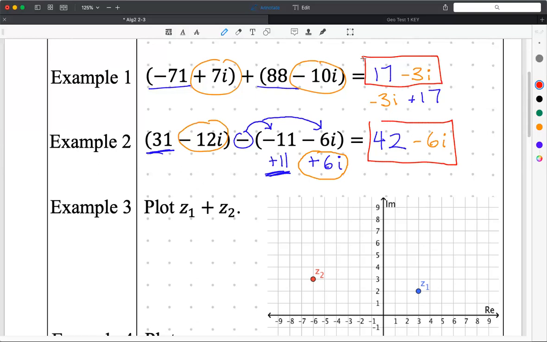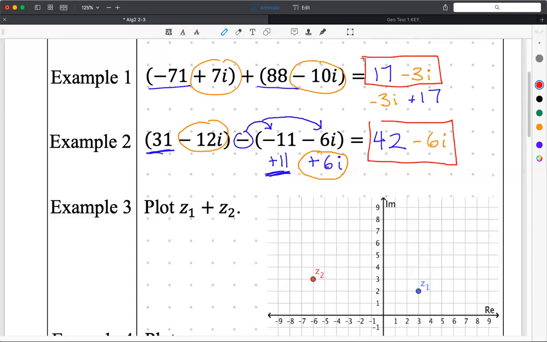Yeah, question, Sergio. Could we ever go farther? Can we go beyond 42 minus 6i in one lesson, something in the future? What do you mean? Can you simplify your answer in the future?